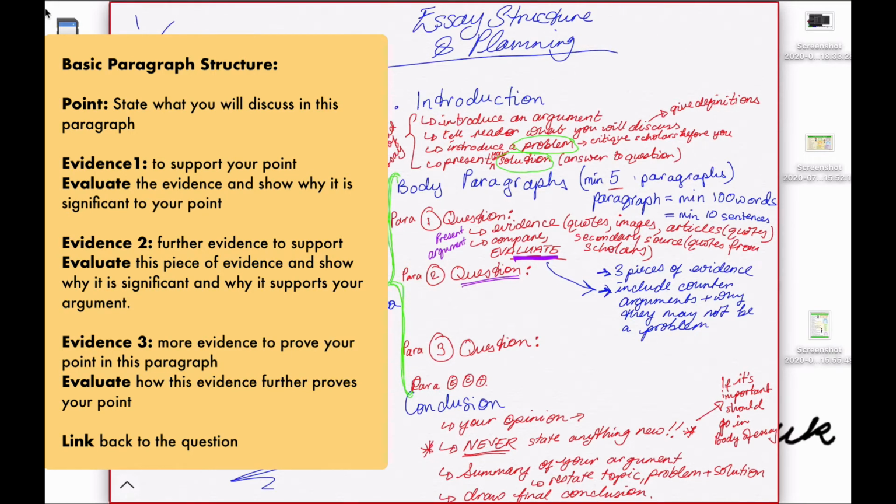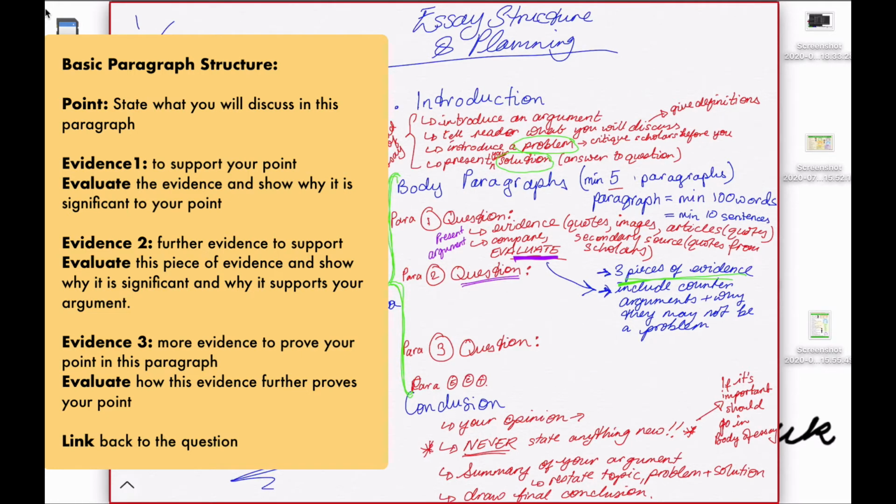So remember, one paragraph, one idea. Sentences are thoughts that support and expand on that idea. I would suggest you need at least three pieces of evidence per paragraph.